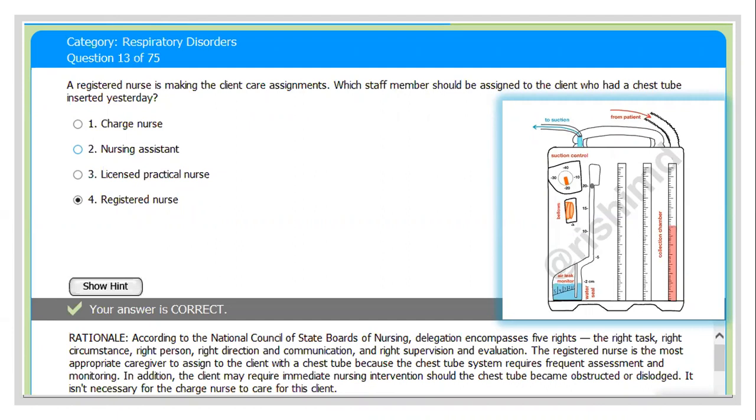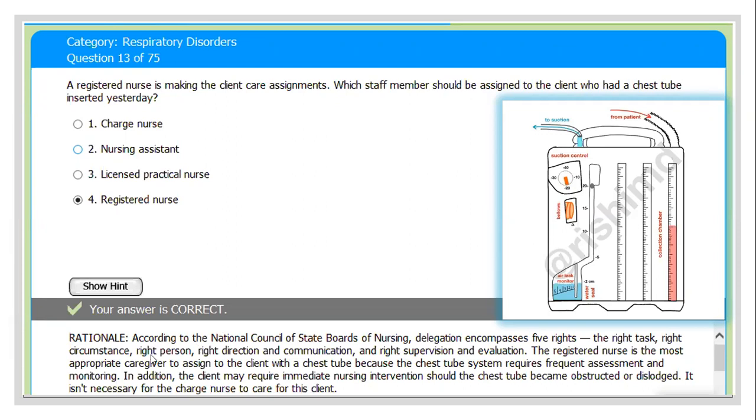The registered nurse always performs the most complex procedures, for example starting the IV line, interpreting the electrocardiogram or EKG, and correlating the lab values, which is very important.